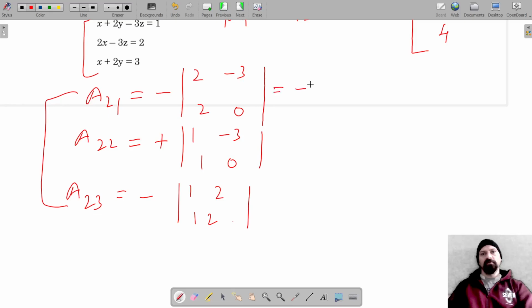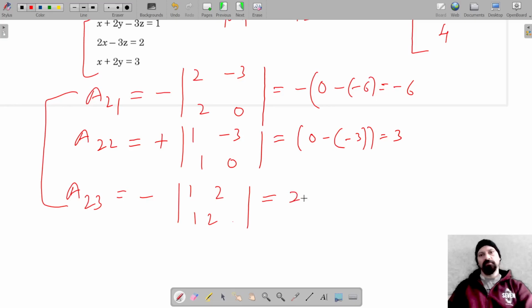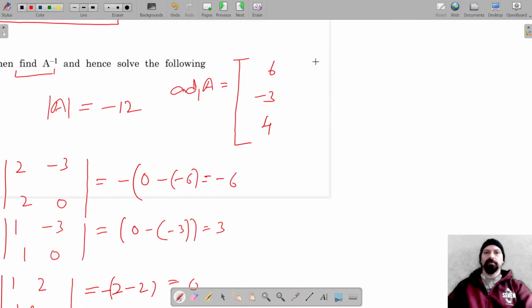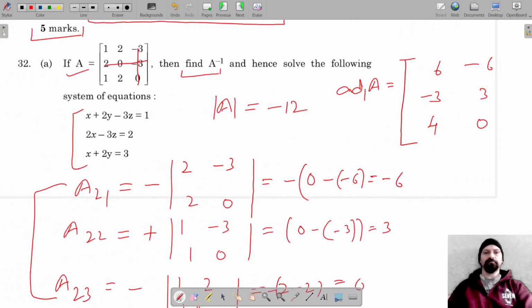Now this is negative 2 into 0 is 0, minus negative 6, which gives 6, so with the sign it is negative 6. The next is 0 minus negative 3, which is 3. And the last is 2 minus 2, which is 0. So this is negative 6, 3, and 0.